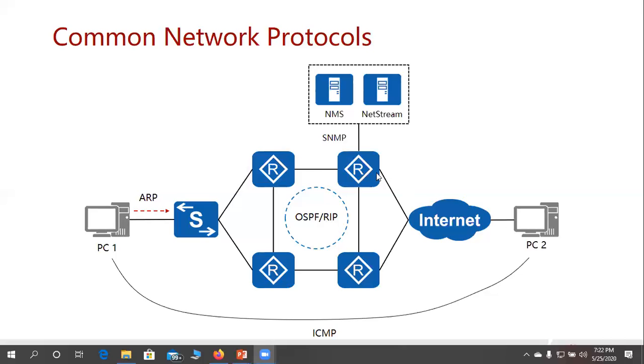And then these are what we call indirect routes with respect to this router. These are direct routes. So we can classify routing into direct routes and indirect routes.